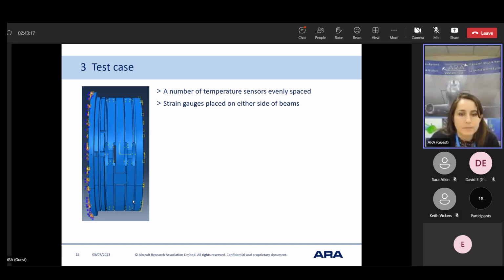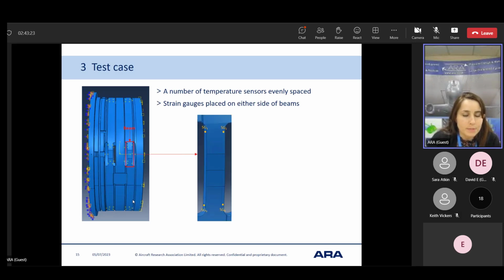There are strain gauges placed on either side of the beams. A beam is what you have in the red box illustrated here. For each beam, we calculate the beam strain from 4 strain gauges, so it's an average of the values at the 4 strain gauges.